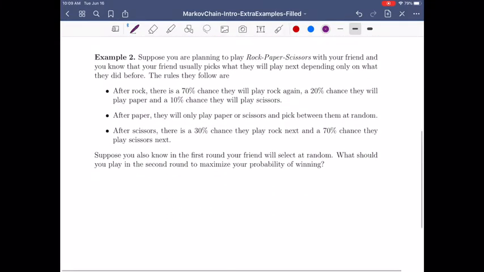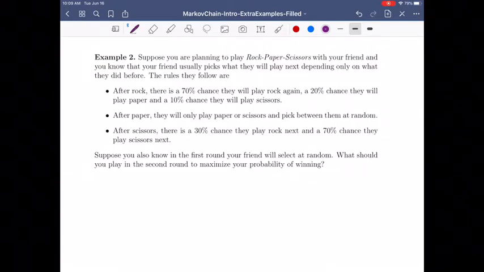So suppose you're planning to play rock, paper, scissors, and you know that your friend usually picks depending on what they picked before. So the rules they follow are: after they pick rock, there's a 70% chance they play rock again, 20% chance they play paper, and a 10% chance they play scissors.